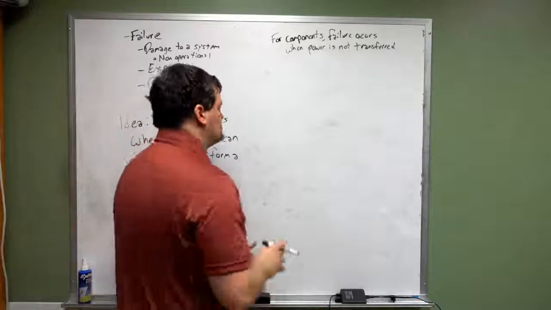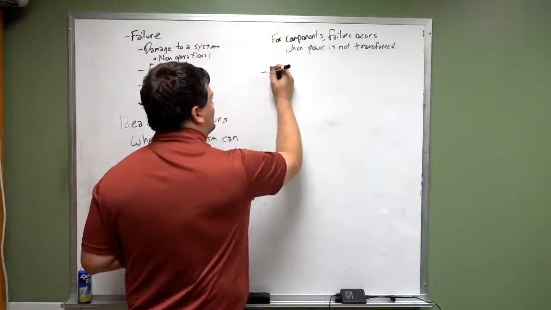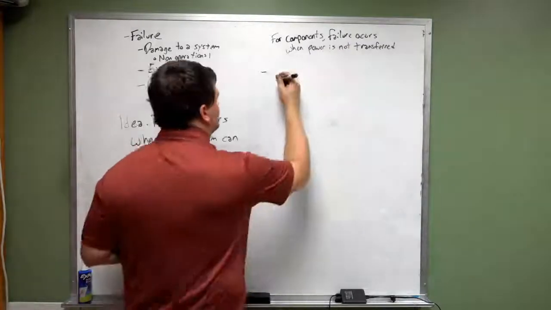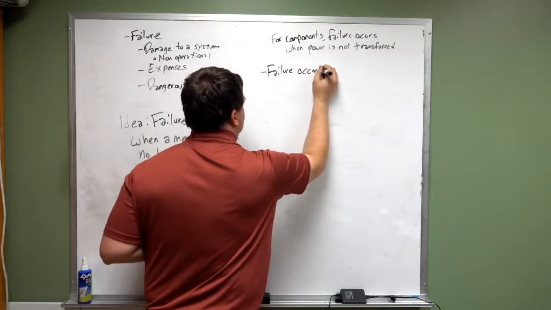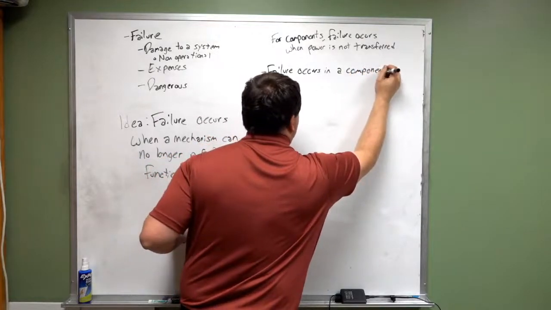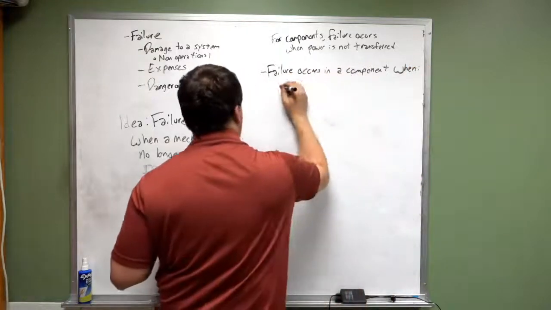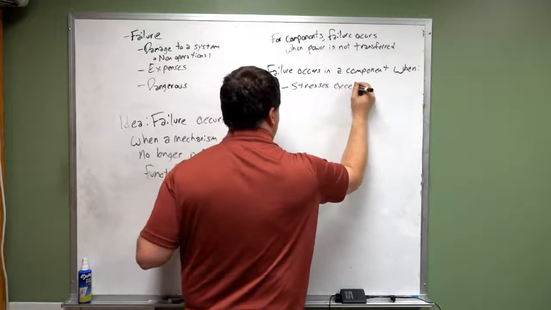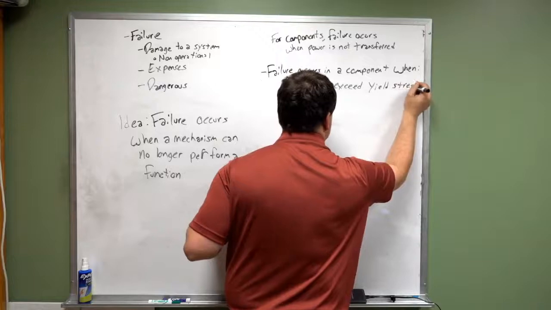Okay, now to figure out failure through a component, we need to know failure is going to occur inside of a component when you have a stress that exceeds the yield stress.